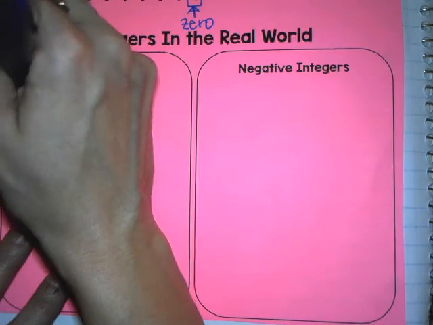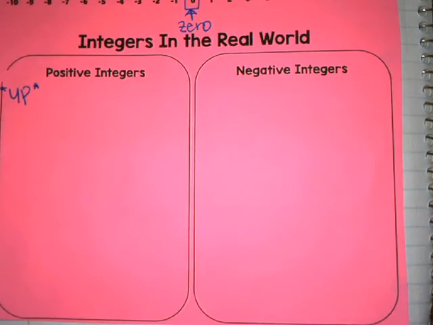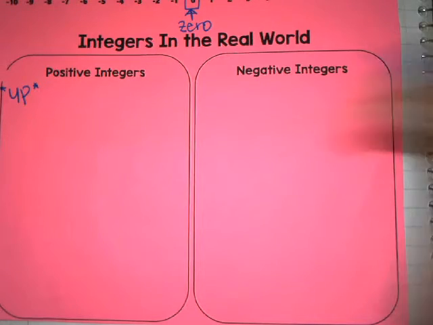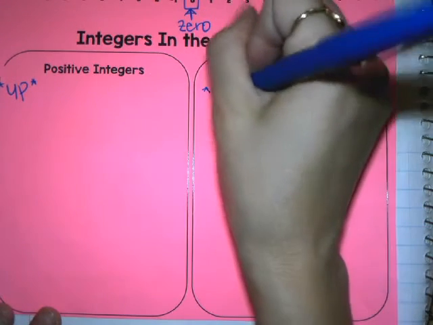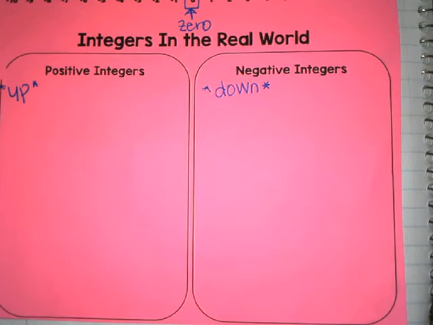So anytime they use the word up, that is a positive integer. You are going up. It is the direction in which you are going. What word do you think is then a negative integer? Down. So if you see down, that is a negative integer. You would have a negative sign.